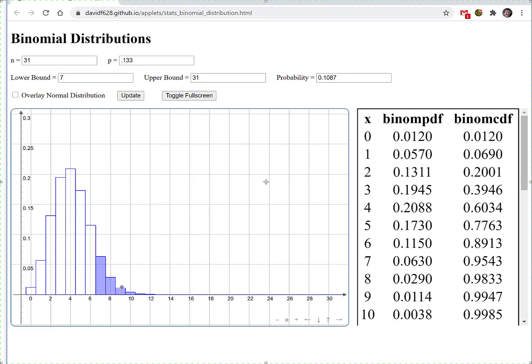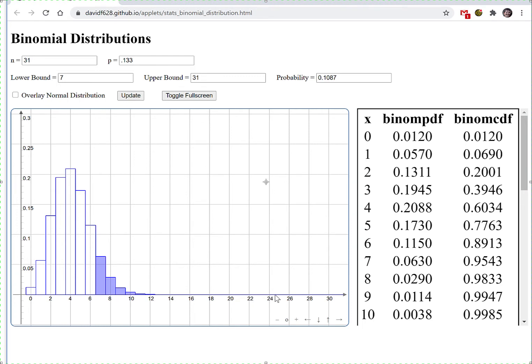So here is a histogram of our binomial distribution. The height of each bar is representing the probability given to us by binompdf. If we're looking for the probability from 7 to 31, because that is the outcomes we were interested in, I've shaded these in blue.